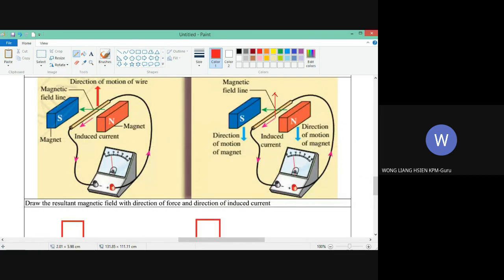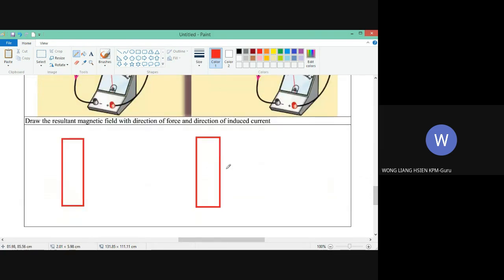I follow this one, so this side is north, this side is south, and then we have the magnetic field lines, north to south.